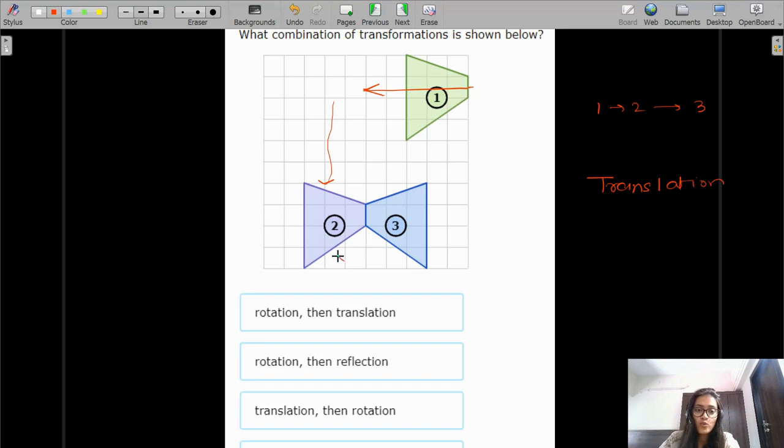And then from 2 to 3, this is the case of reflection around this axis. So first we have translation and then we have reflection. So this option is correct.